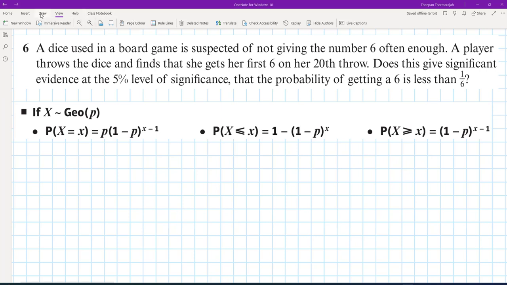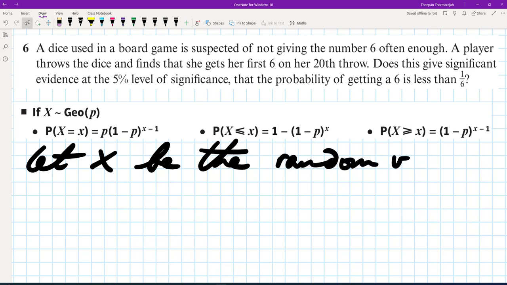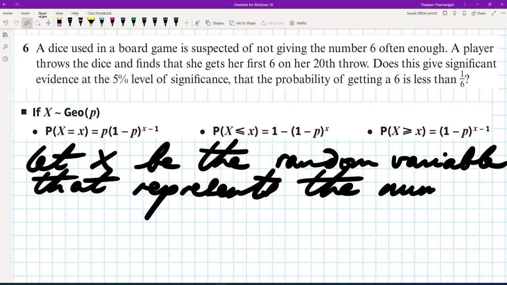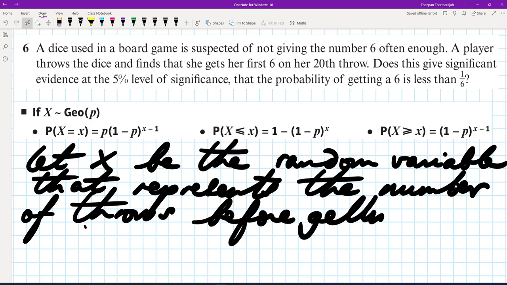So let's write down our random variable first of all. So we say let x be the random variable that represents the number of throws before getting a 6.